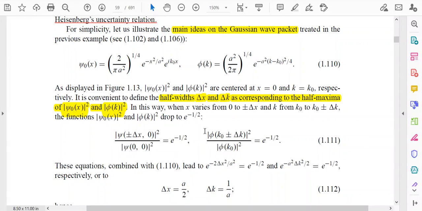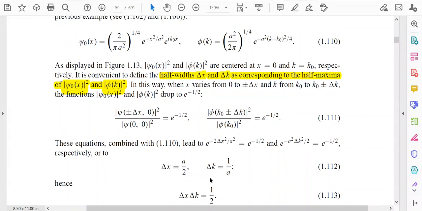Similarly, if we use the function in k space and proceed similarly, that is if we calculate the value of phi k at the position plus minus delta k and for k is equal to k0, then using equations 1.110 and 1.111 we can show that delta k is equal to 1 by a. So using these two equations, we can show that delta x is equal to a by 2 and delta k is equal to 1 by a.